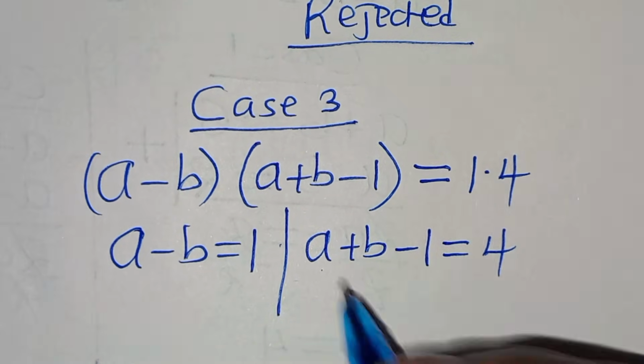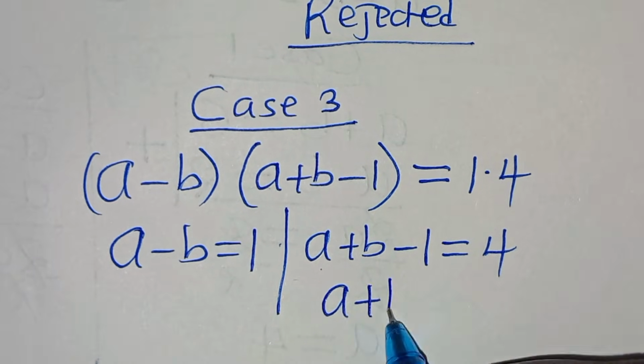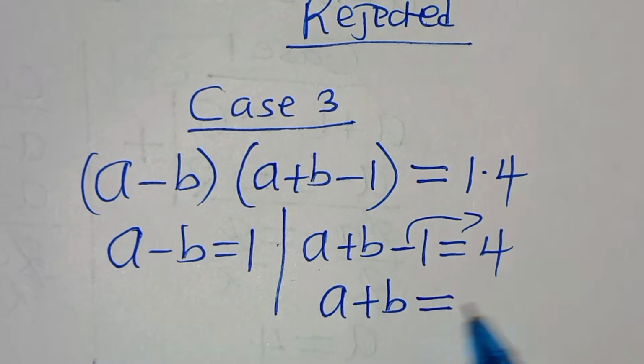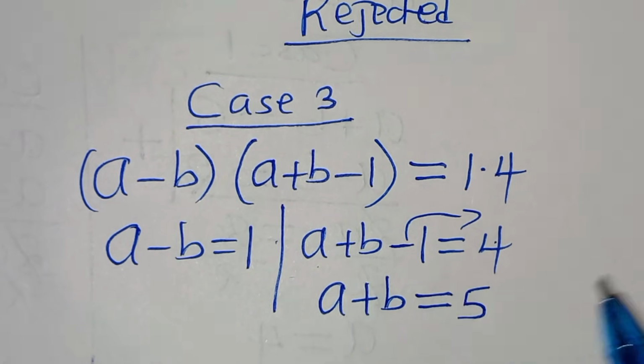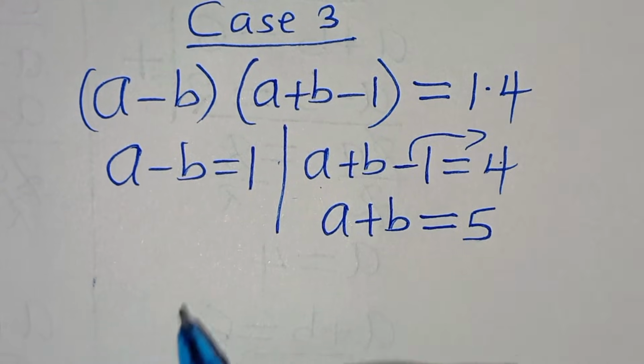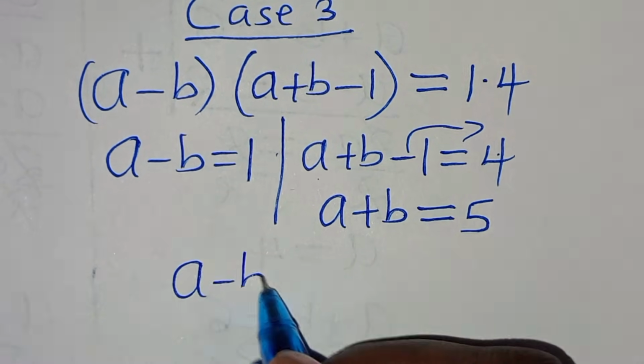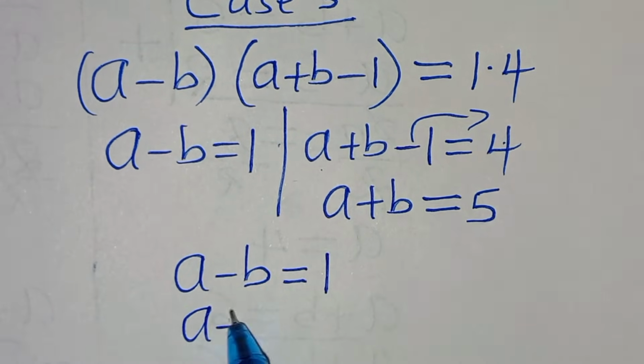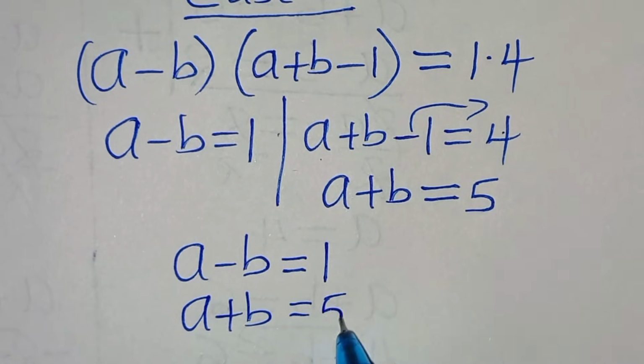Now, on this part here, we have a plus b. Let's take minus 1 to the right hand side. So this is equal to 4 plus 1, which is 5. So we have a minus b is equal to 1, and a plus b is equal to 5.